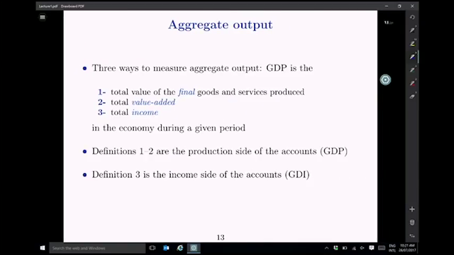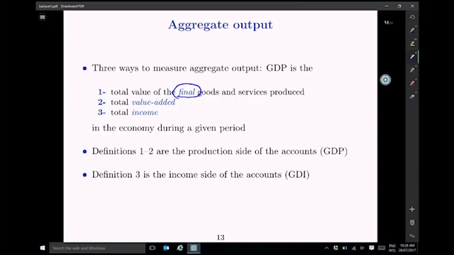Now, there are generally 3 ways to calculate GDP. If you measure GDP from the production side, you can calculate the total value of final, and this is the key word, final goods and services produced in an economy during a certain period. What does it mean by final? For a lot of production, we know that it takes some intermediate input, right?